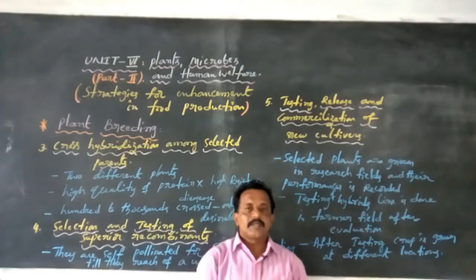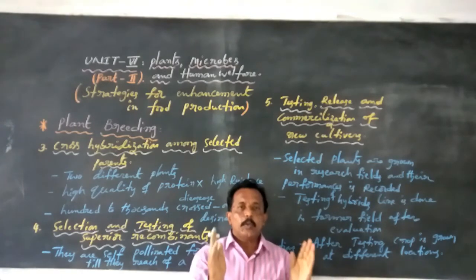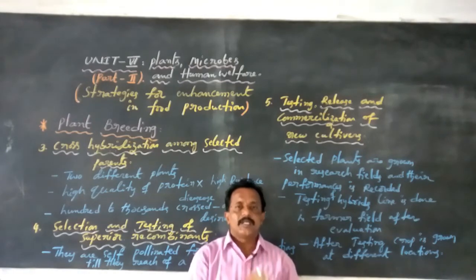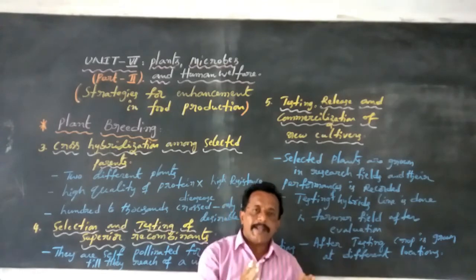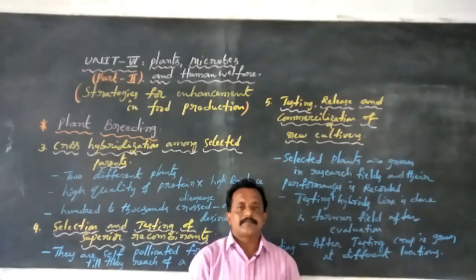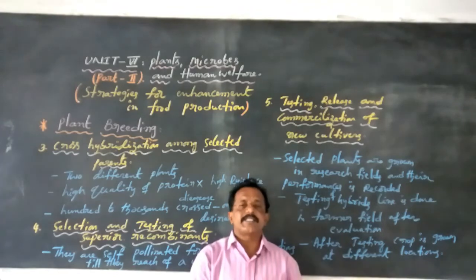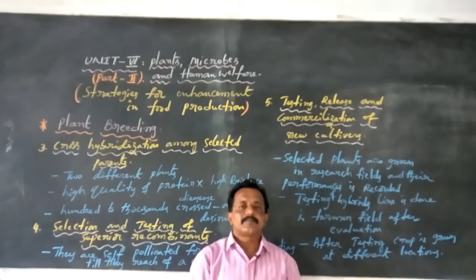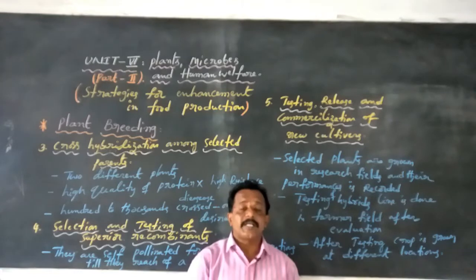Now, in the third step, two plants with different desirable genetic characters have already been selected. Both are parental plants. One parent plant has a high quality of protein character, and another has high disease resistance. These parental plants undergo cross hybridization.